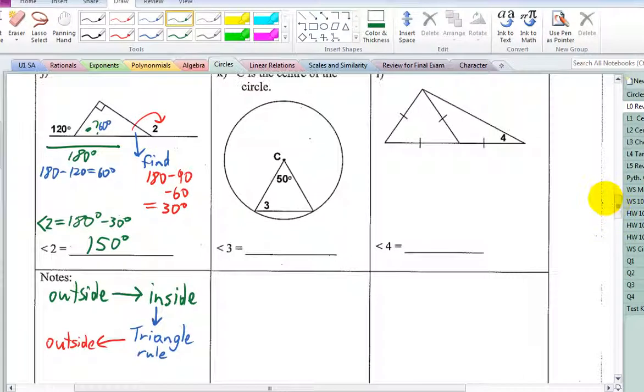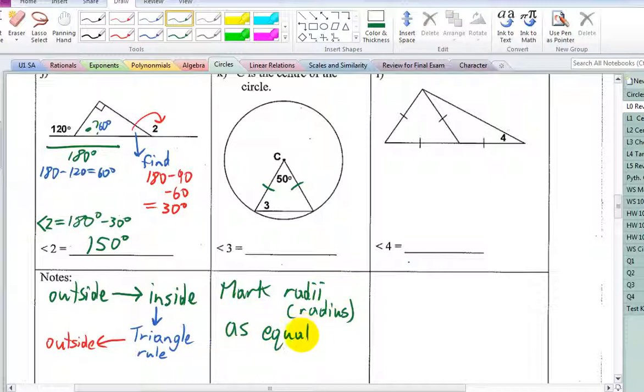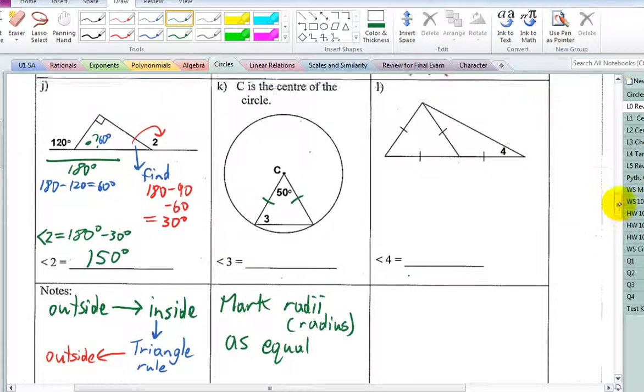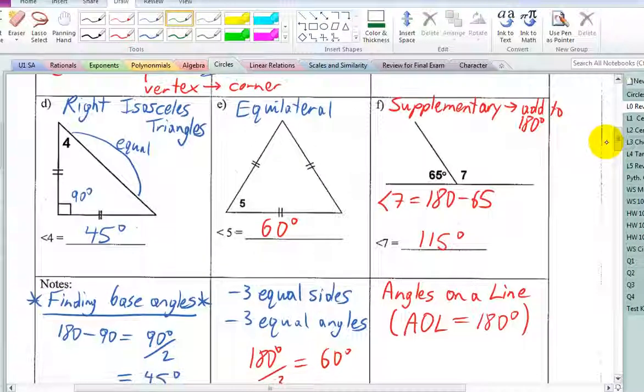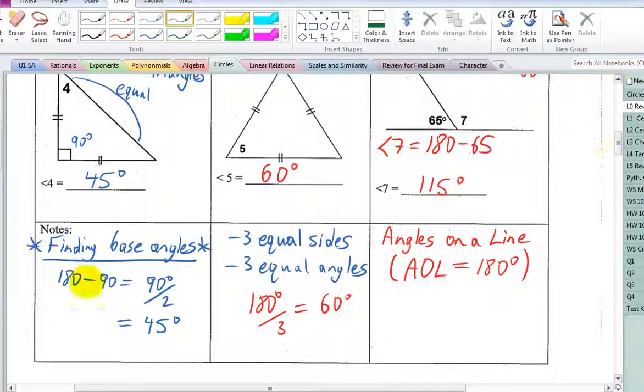C is the center of the circle. So right away, what should you mark on your triangle? What kind of triangle do you have? Why do you have an isosceles? That's right. Always mark the radii, which is plural for radius, as equal. Okay. So how do you figure out angle 3? I'll let you figure that out, but you want to look back here at D. What did you do?